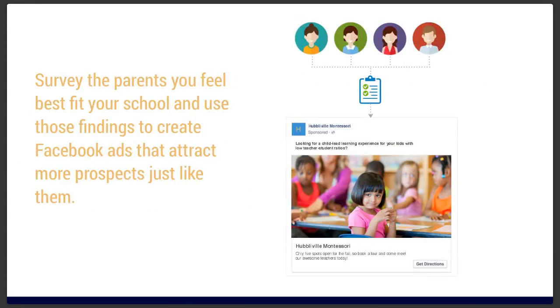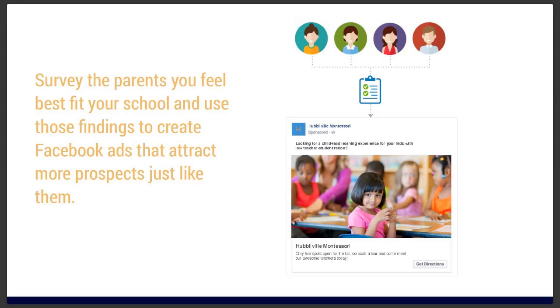So as a first step, when you want to run a highly productive Facebook campaign, first of all, you want to identify the families in your school right now that are the ideal fit.